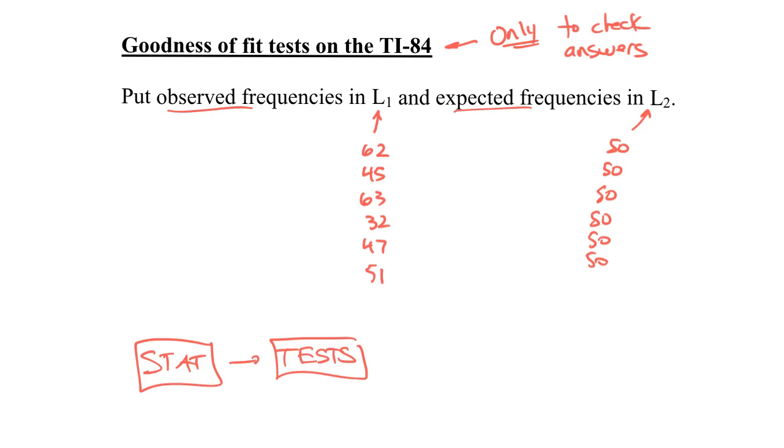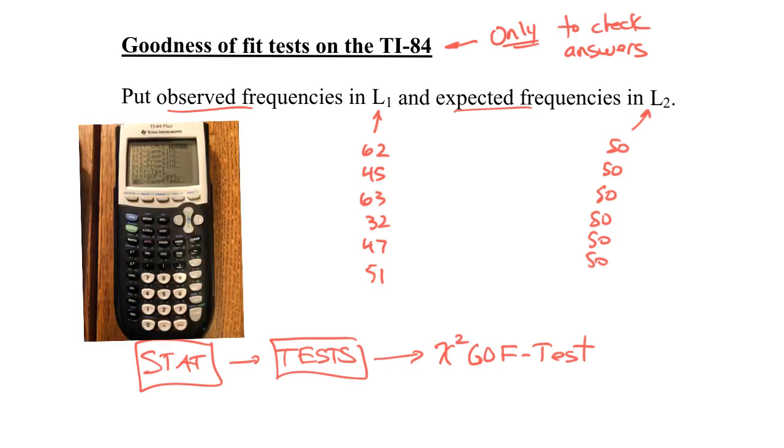Under tests, you have to look a ways, but it's right next to our chi-square test from 10.1. So if you look where our chi-square test was, which we used in 10.1, if you look right below it, you may see or may not see chi-square GOF test. It's goodness of fit test. So there's a decent amount of calculators that don't have that on there.